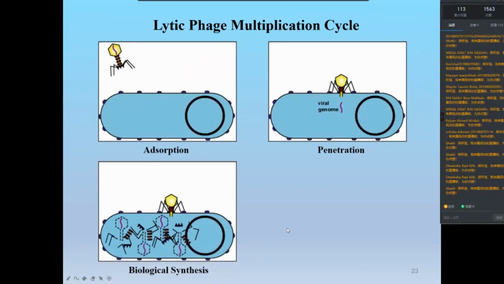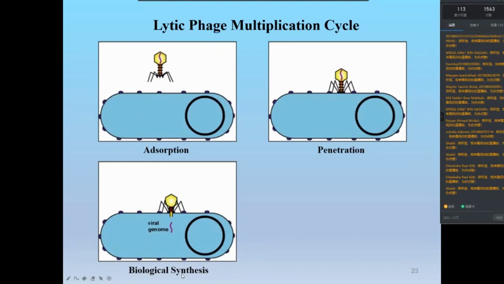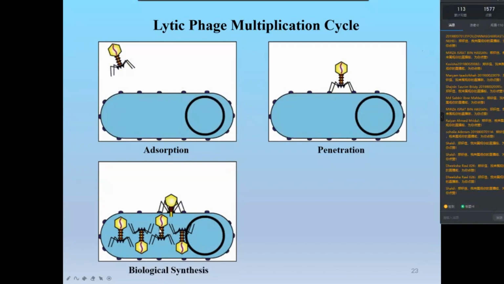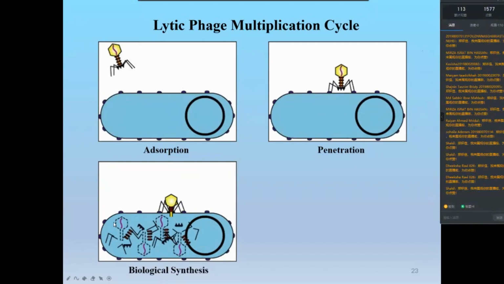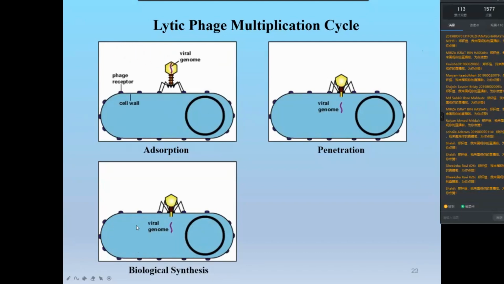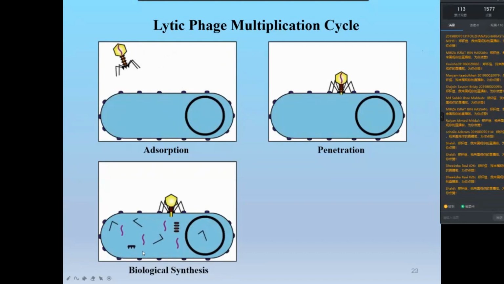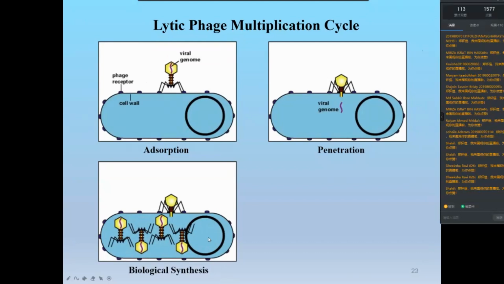The next step is called biological synthesis. The phage DNA in the host cell will replicate to form a lot of copies of the DNA, the genome, and also translate into different protein molecules. And those different components will assemble together to form new viral particles.